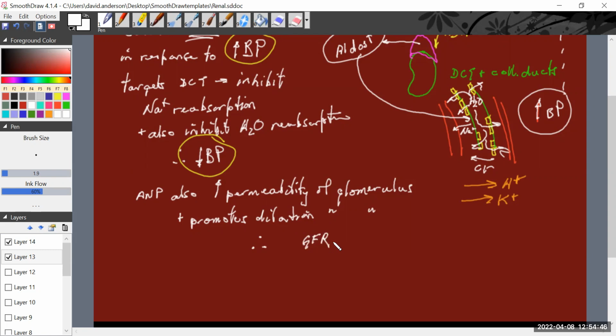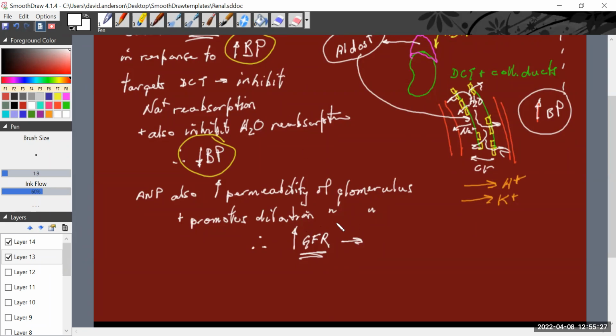If we make the afferent arteriole wider and we increase the permeability of that blood vessel, what happens to the glomerular filtration rate? Increase. Yeah, we're going to get an increase. And if we get an increase in glomerular filtration rate, what happens to water in the filtrate? More hydrostatic pressure. Those two things are going to give us more filtrate, which is going to give us more volume to eliminate.